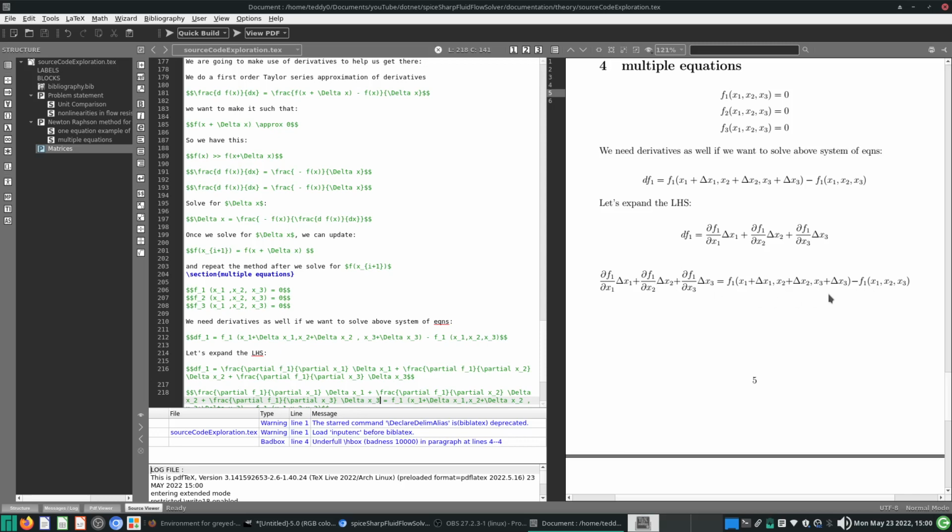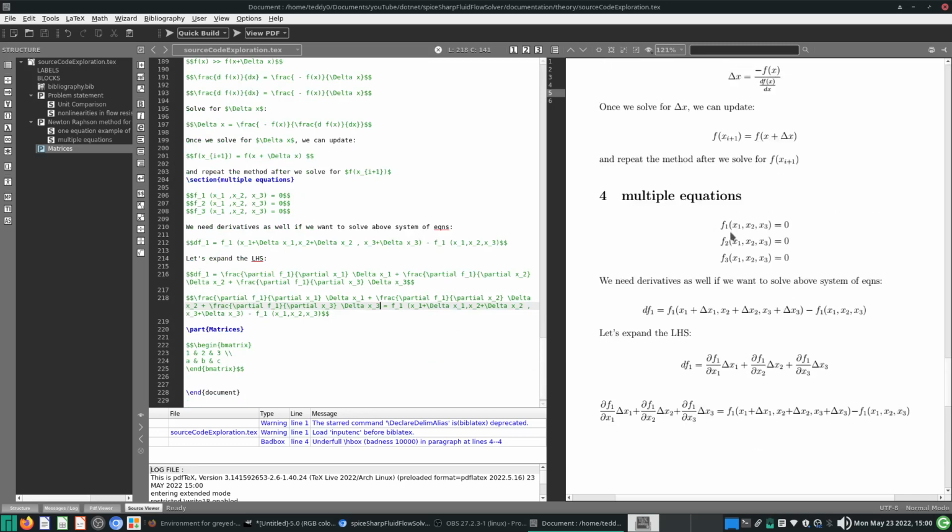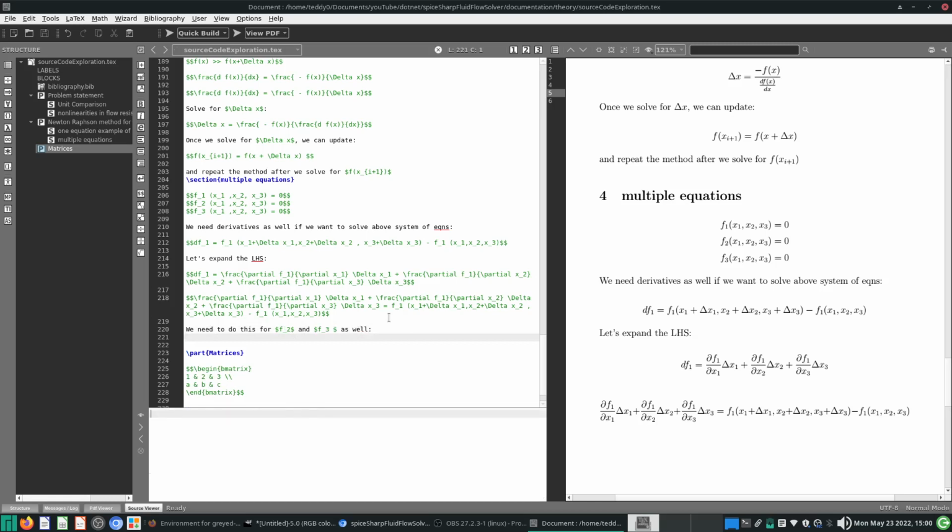We don't just need to do it for f1. We need to do it for f2 and f3 as well. So what are we supposed to do? We'll need to just replace all the f1s by f2s and f3s. So that's about 5 f1s we are replacing.